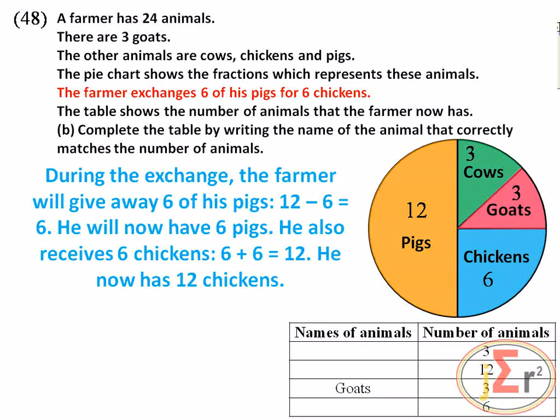12. Right, so during the exchange, he takes away 6 of his pigs. So that's 12 minus 6, which is equal to 6. And he will have an increase of 6 chickens. So he will have what? 6 plus 6. And that will be equal to 12.